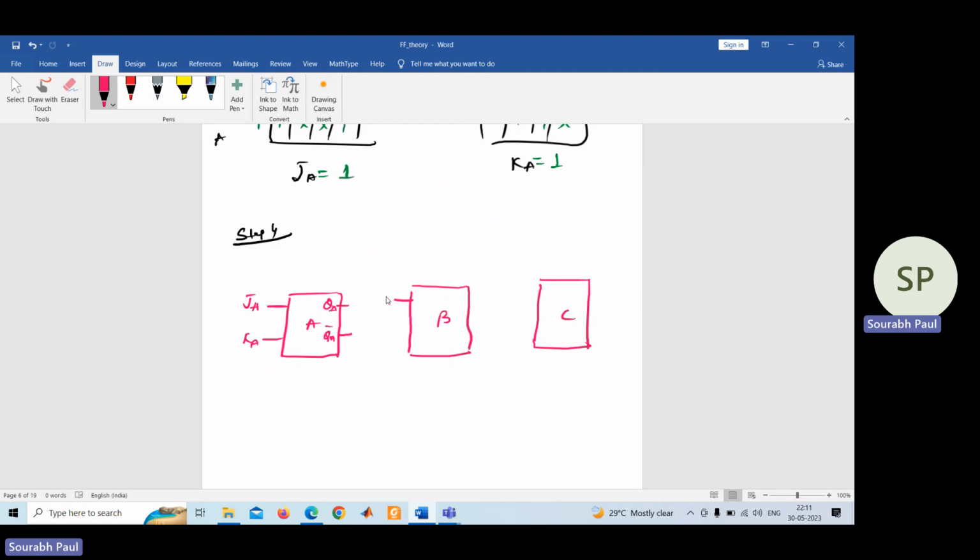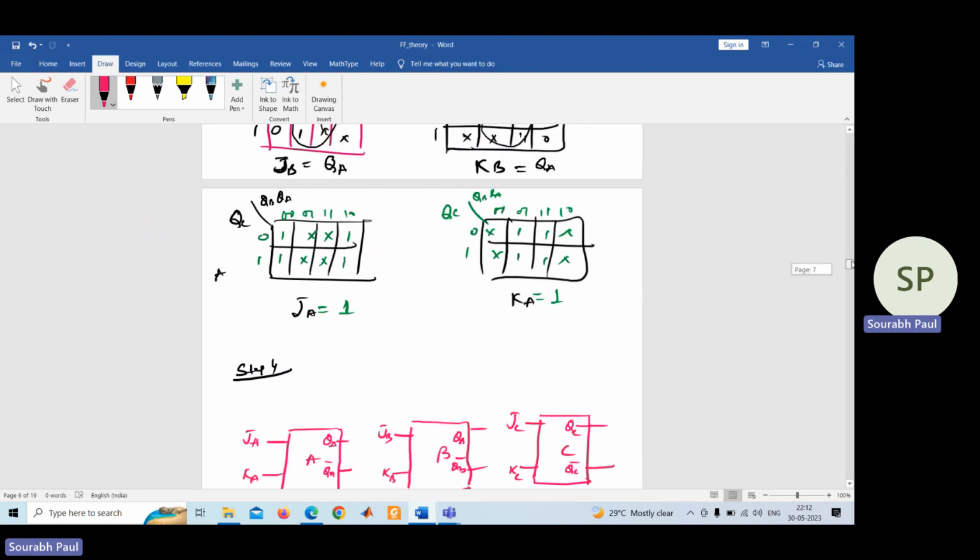For B also 2 inputs, JB, KB, and 2 outputs, QB and QB bar. And for C also 2 inputs, JC, KC, and 2 outputs, QC and QC bar. Now we'll check what expression we got for each case.